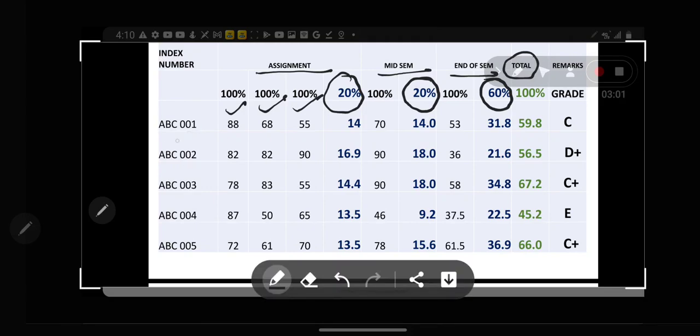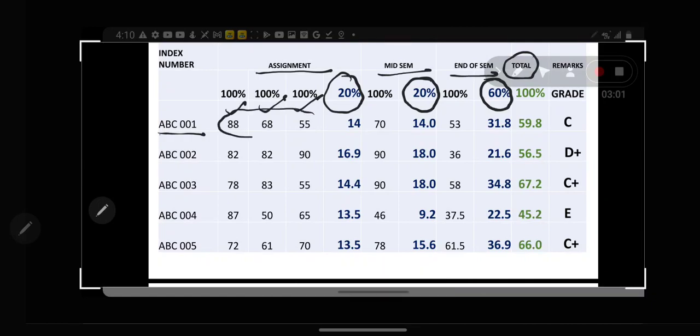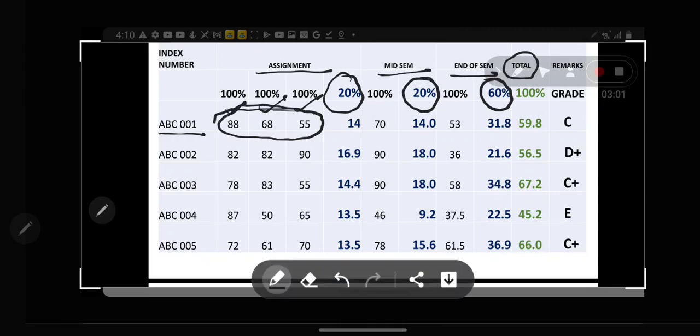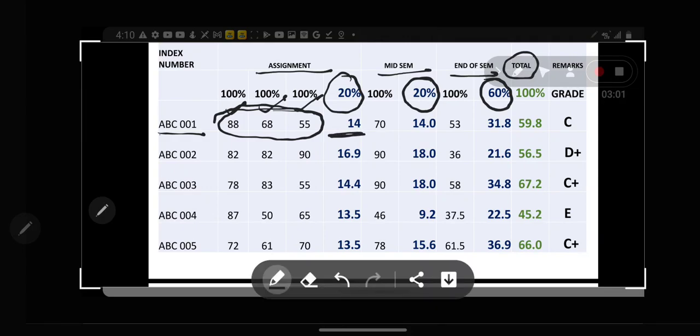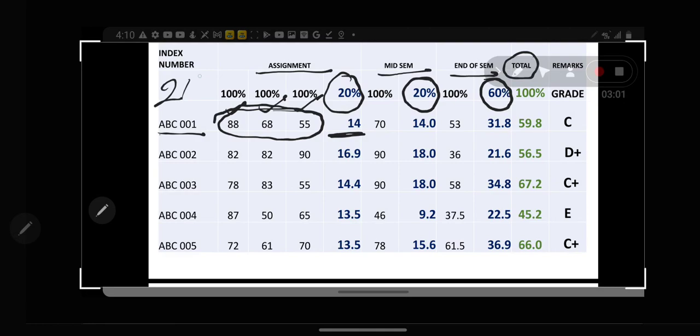For the first person, index number ABC001, in the assignments the person scored 88, then 68, then 55. You work out the 20% of the total of this to get 14. I'm going to explain how that is worked. You find the sum, 88 plus 68 plus 55, which gives you 211.